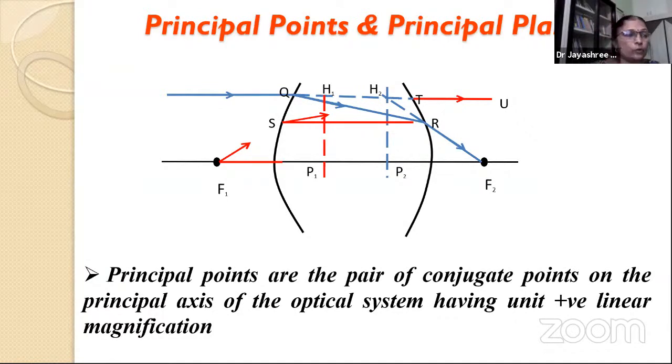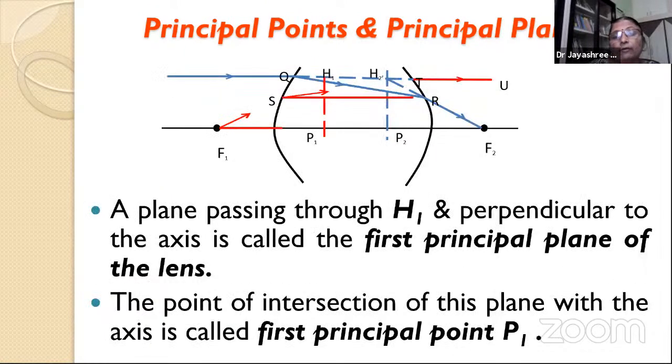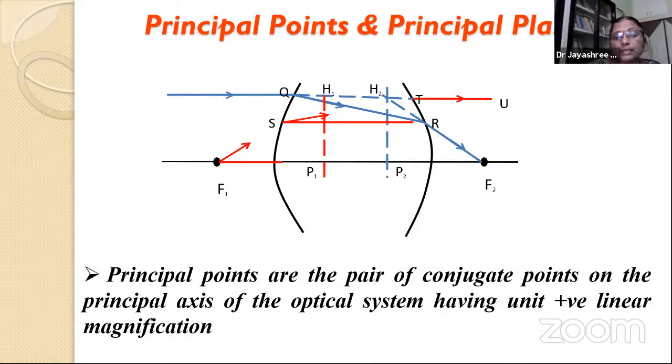This figure also gives you the idea about these principal points. When we come to finding these principal points, what are the important basics? These are a pair of conjugate points on the principal axis.